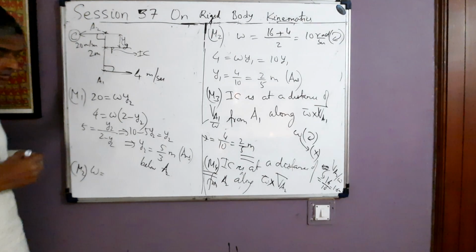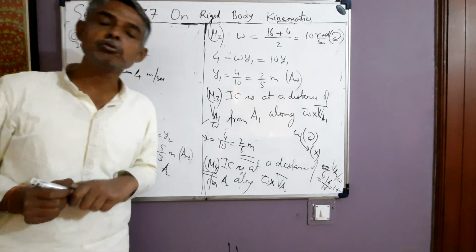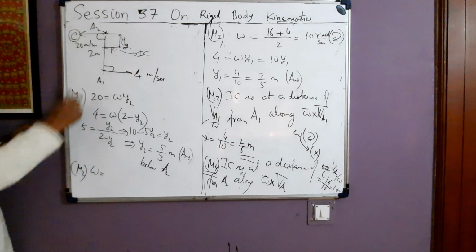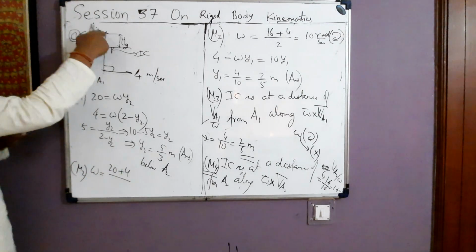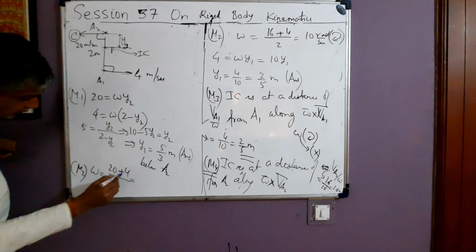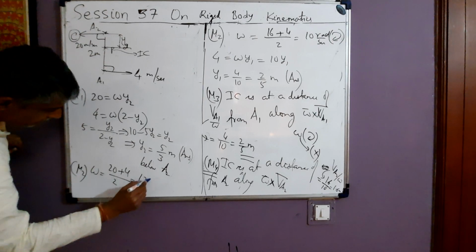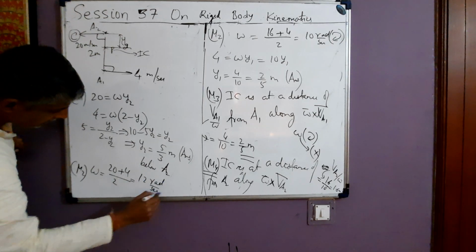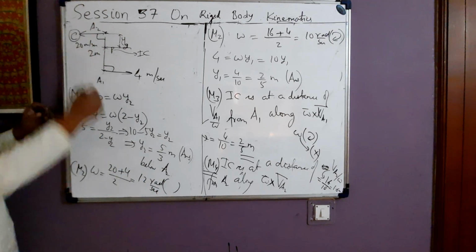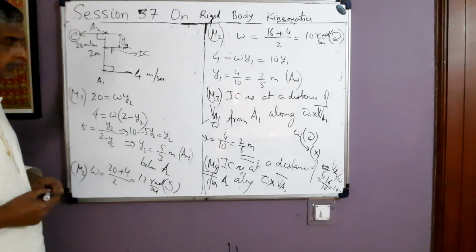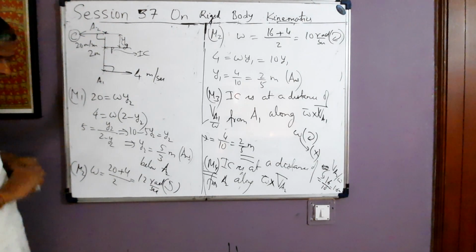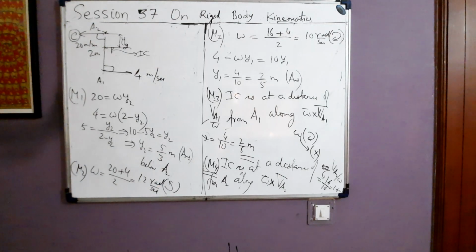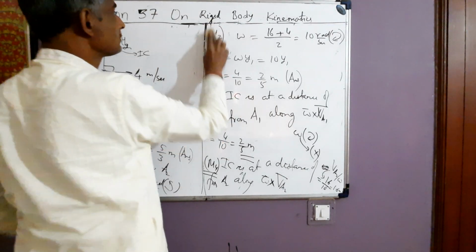Both are in opposite directions, so the relative normal speed between A1 and A2 is 20 plus 4, upon a separation of 2 meter. This becomes 24 by 2, that is 12 radian per second. Note that the sense of omega in this case is anti-clockwise, since this point is going rightward and this one leftward, so the rod rotates anti-clockwise.